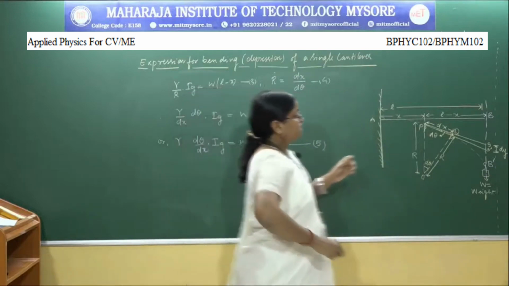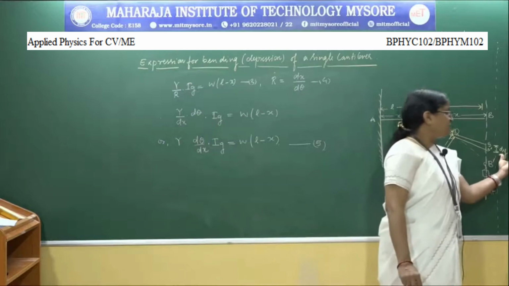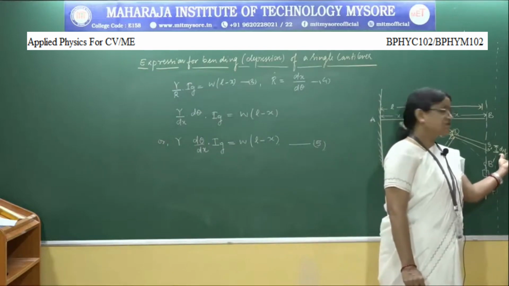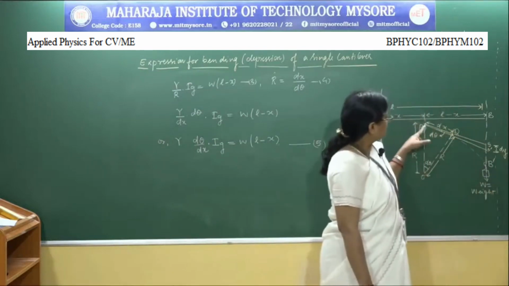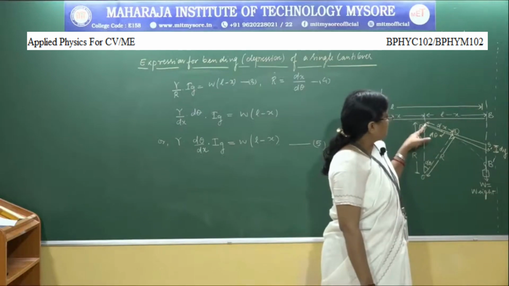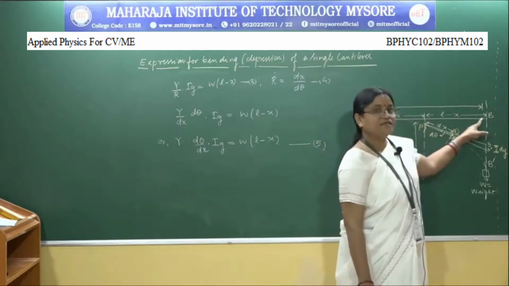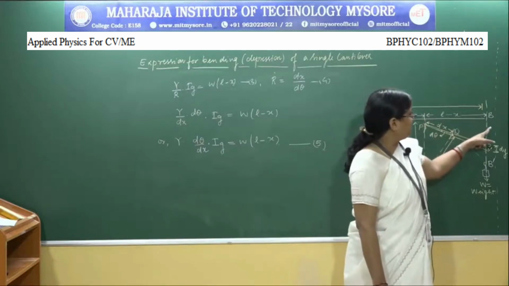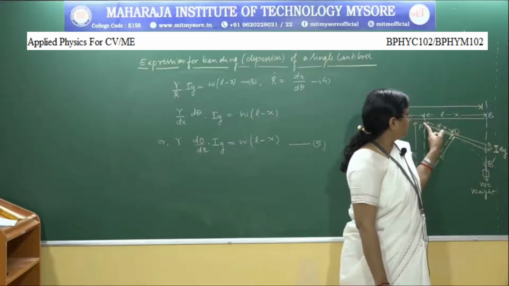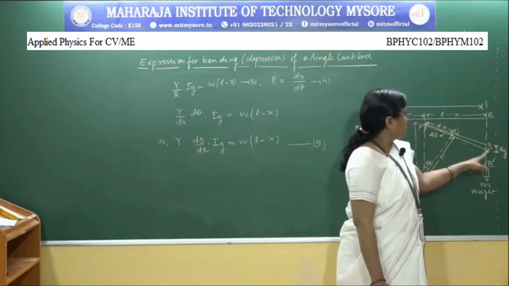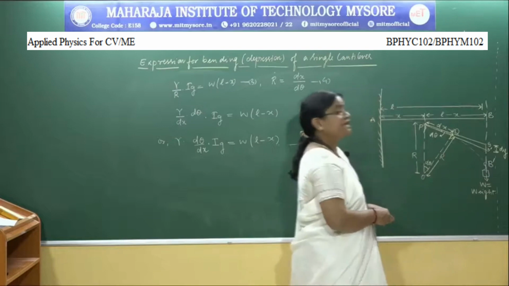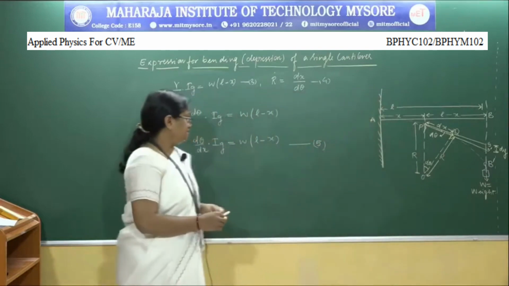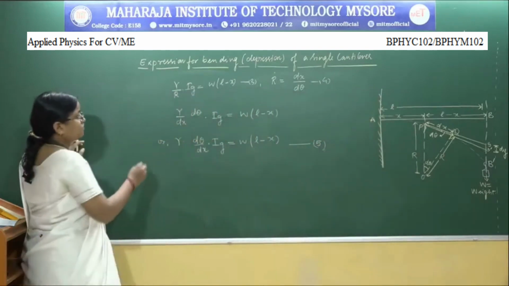So now if we consider dy as a part of a concentric circle making an angle d theta with the point P, and the distance from point P to any point you take, PS and PS dash, is equal to L minus x. So what we have done?